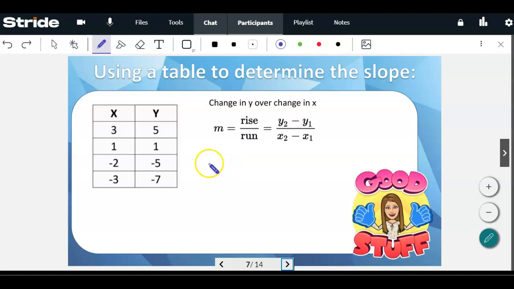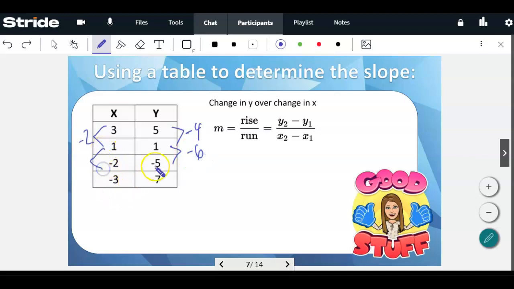Using a table to determine the slope. Now we've already talked about this. We did the rate of change. So if we look at our y values, to get from 5 to 1, that's going down 4. This one goes down 2. This one, to get from 1 to -5, goes down 6.